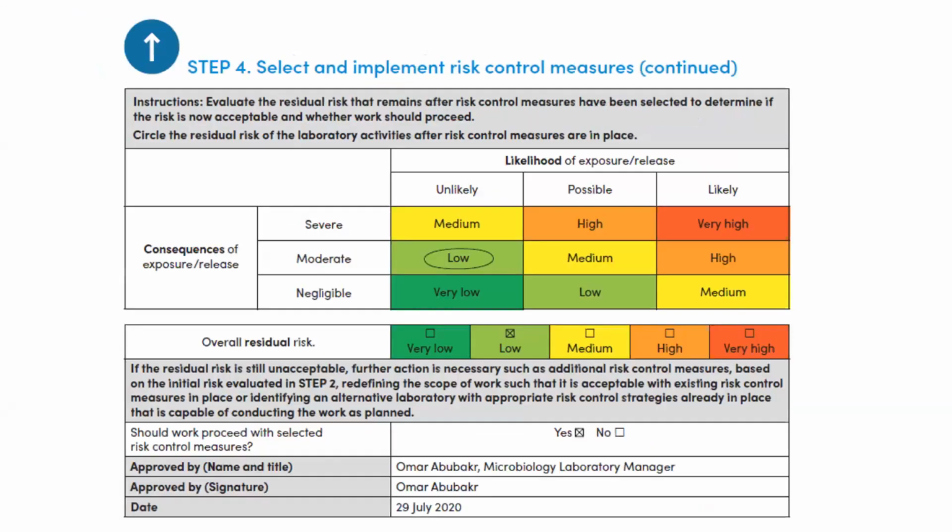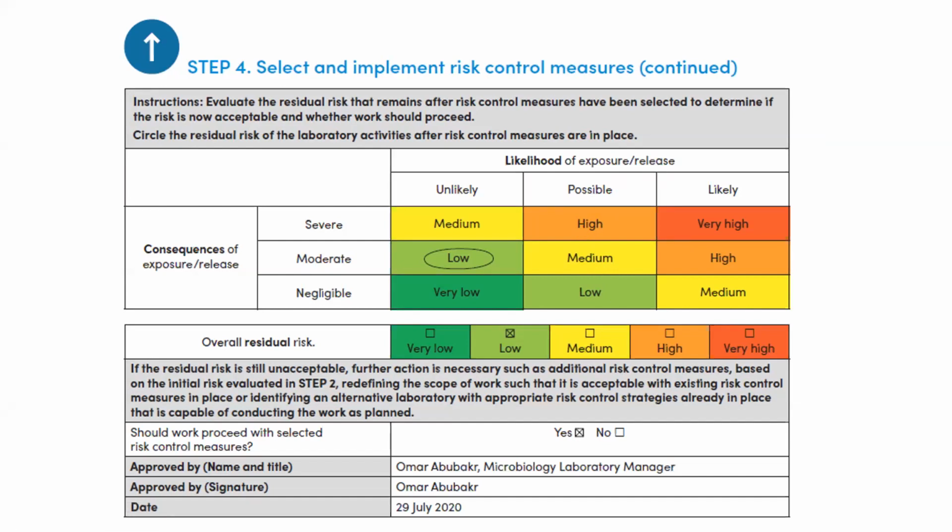And then this is an example of residual risk after you've selected and implemented risk control measures. It was medium because it was possible moderate, if you recall, and that's in the center here. I don't know if you can see my pointer, but they've reduced the risk to low.